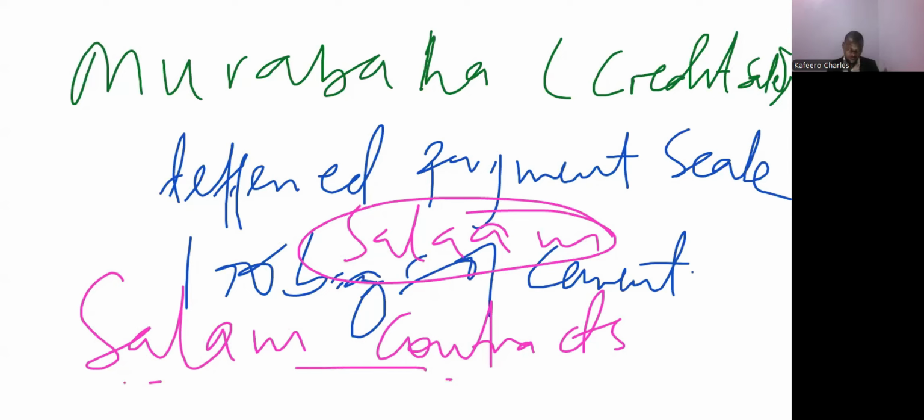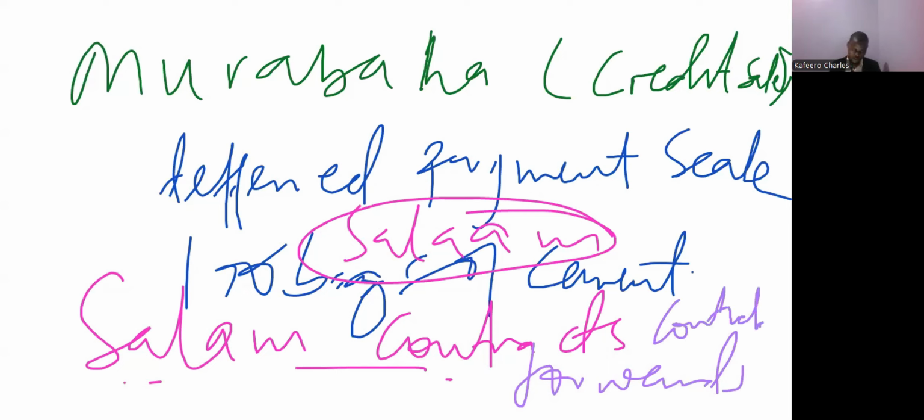These are just contracts which are similar to those forward contracts. We shall look at what forward contracts are, but just know these are similar to forward contracts. We shall learn more about the forward contracts.